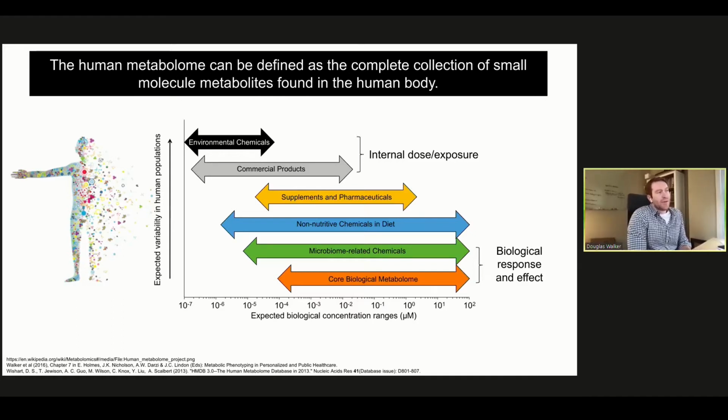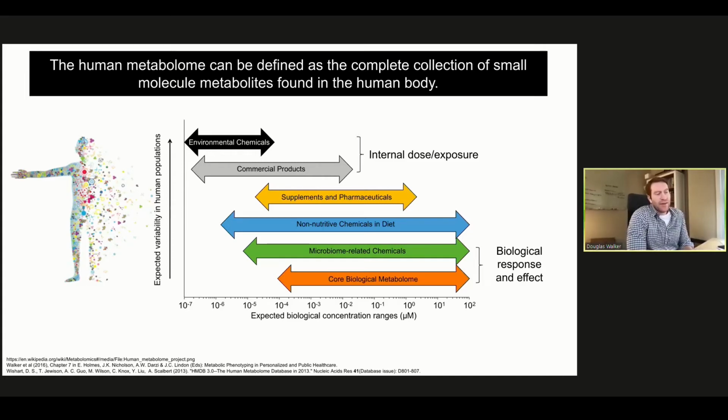The human metabolome can be defined as the complete collection of small molecule metabolites found in the human body, and it is this definition that makes it such a critical measure for exposome research.